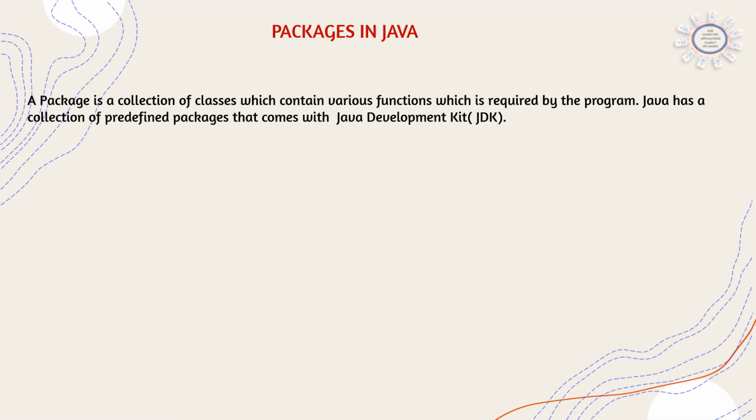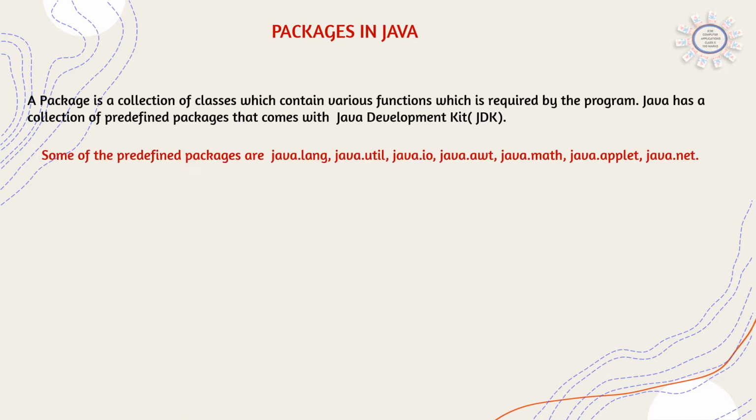Java has a collection of predefined packages. That means when we install Java in our computer, these predefined packages also will be installed. Some of them are java.lang, java.util, java.io, AWT, math, applet, java.net, etc.